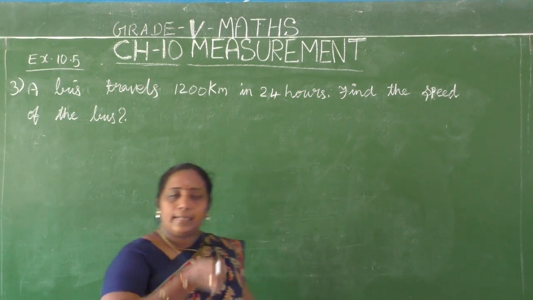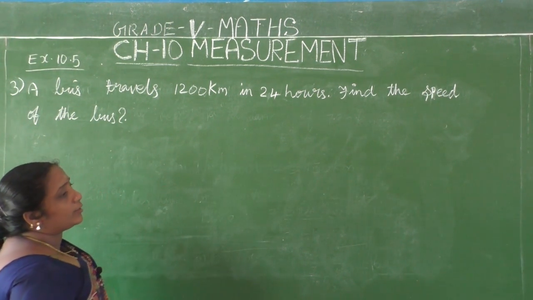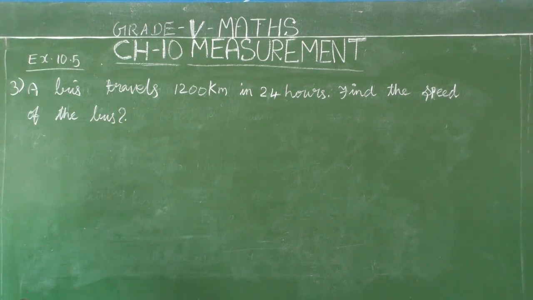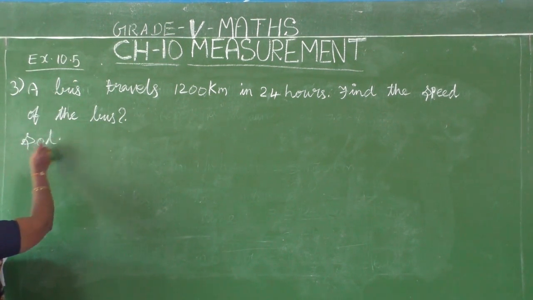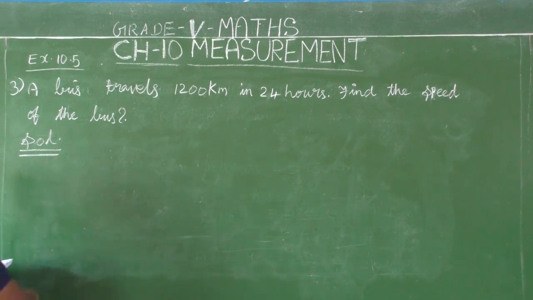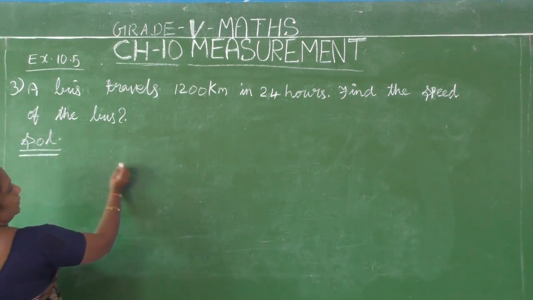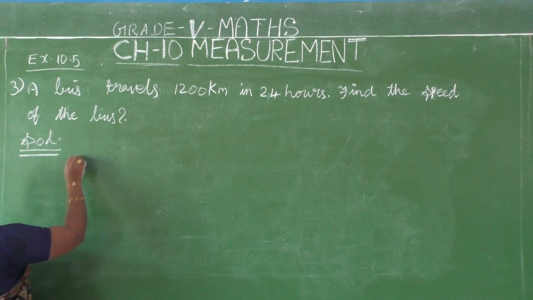Here clearly they gave, we are going to find out the speed of the bus. They gave the distance and they gave the timing also. Now we are going to find the speed of the bus. Listen how we can find the answer. A bus travels 1200 kilometer in 24 hours.